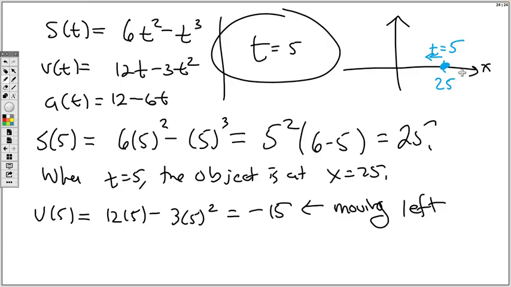You with me or not? Is the object speeding up or slowing down? I know it's moving to the left. For me to figure that out, I have to figure out the rate of change of velocity, which is acceleration. So I'm going to look at the acceleration now. I got 12 minus 30, which is negative 18.